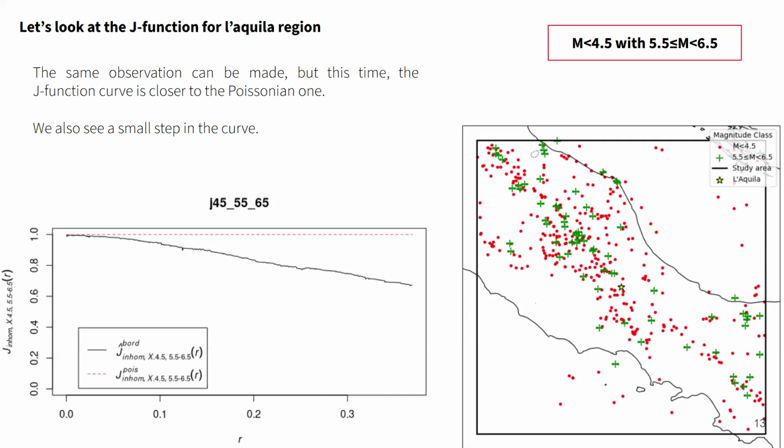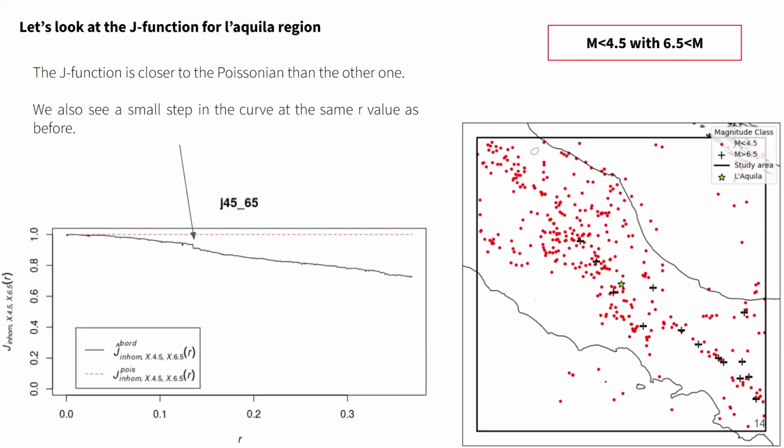It will be more clear just after, but just remember that the slope can change, and we can also increase again the magnitude, and sometimes you will have some effect due to the number of points. If you don't have a lot of points in your area, so here I don't have a lot of earthquakes greater than 6.5, you will maybe have some problem in your J function.